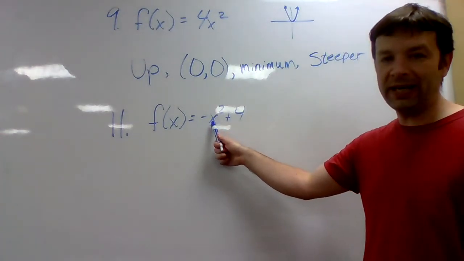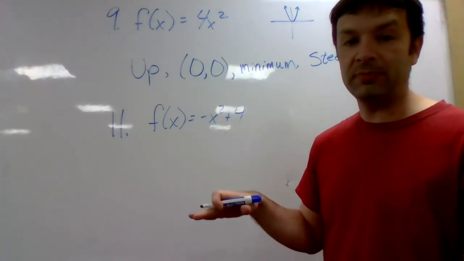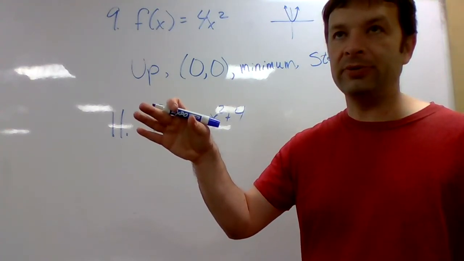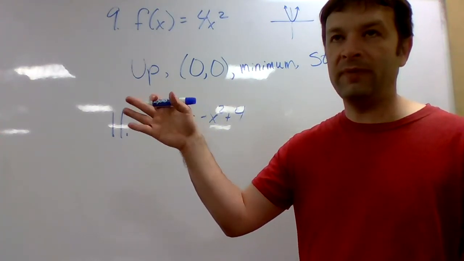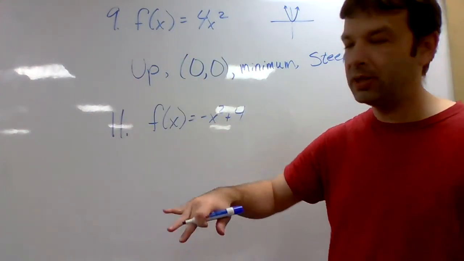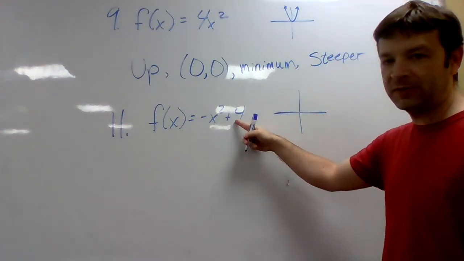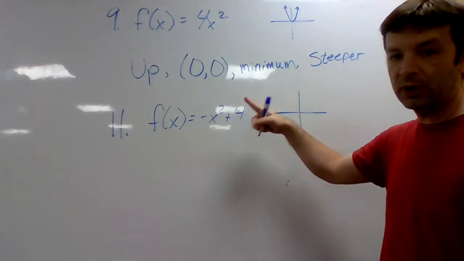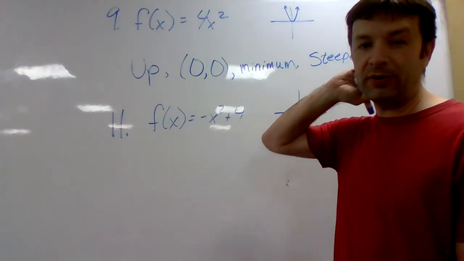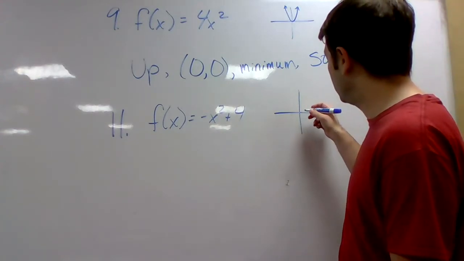So what did the negative in front of the x squared do? Do you guys remember? This is new to today, so it goes back to my lesson at the beginning. The negative turns all those y values that would be positive become the opposite, so it just turns everything upside down. So if I did a quick sketch of its graph, the plus 4 would move it up 4, but the negative in front of the x squared flips all the y values, so everything that was positive becomes negative.